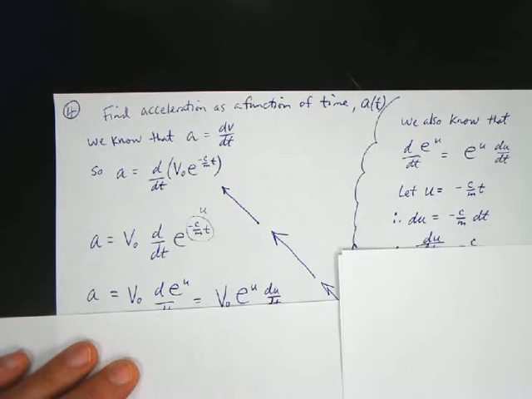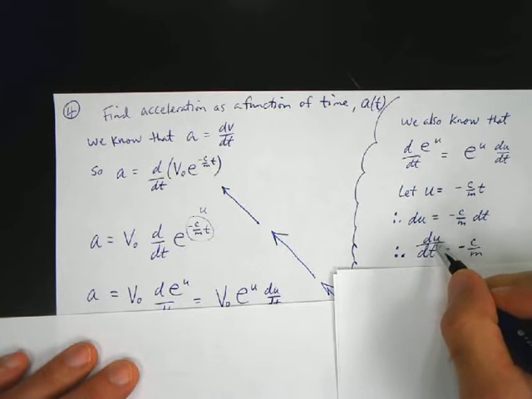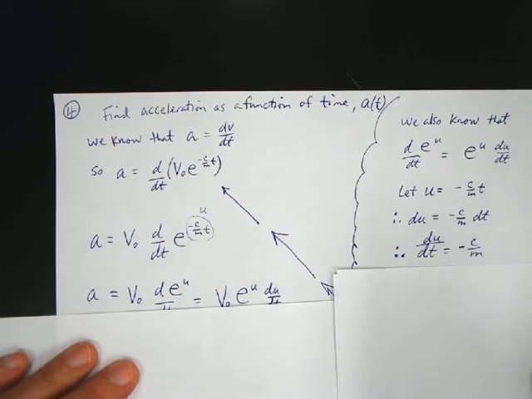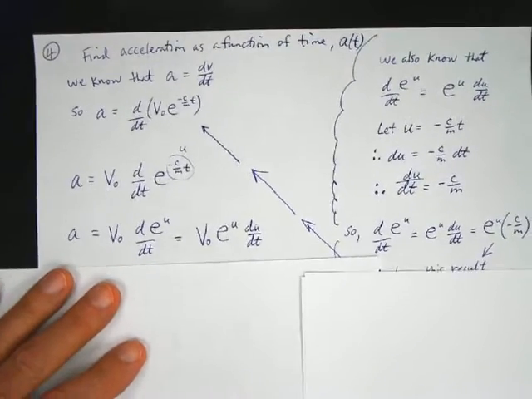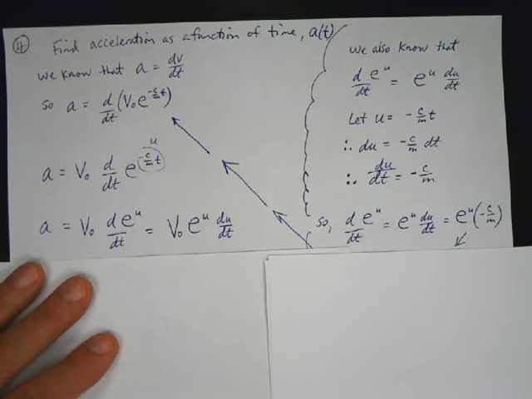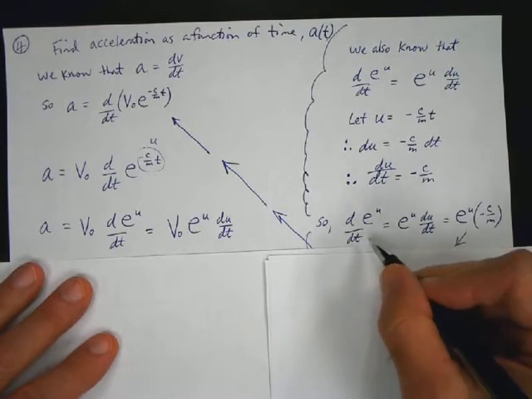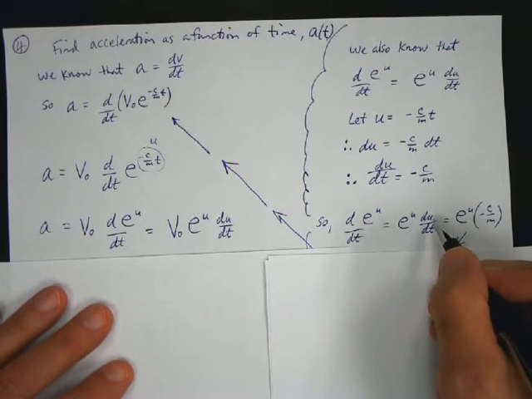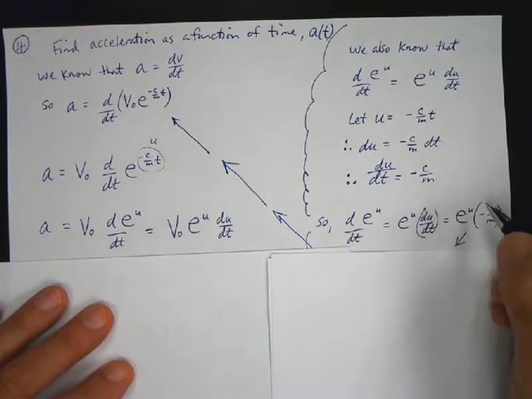So if we let u be equal to negative c over m t, this complicated part right here, then du would be equal to negative c over m dt. And if we rearrange, we get du over dt equals negative c over m.